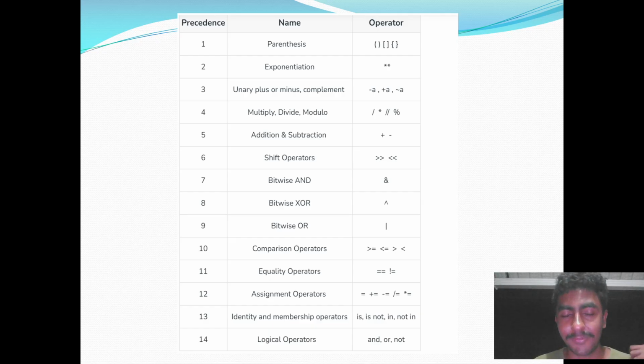This is the list of operator precedence. It starts with parentheses, then exponentiation, then unary plus, then multiply, divide or modulo, addition, subtraction, then shift operators, bitwise AND, bitwise XOR, and bitwise OR, comparison operators, equality operators, assignment operators, identity and membership operators, and finally logical operators.